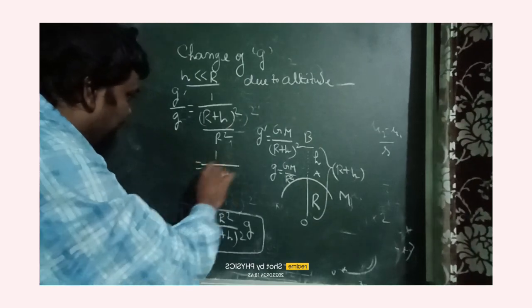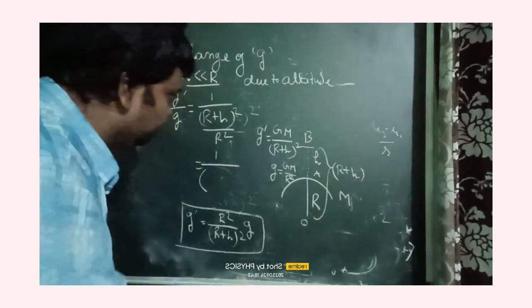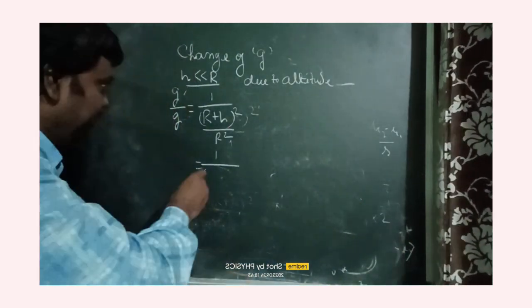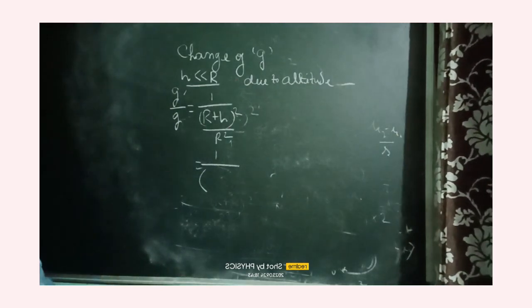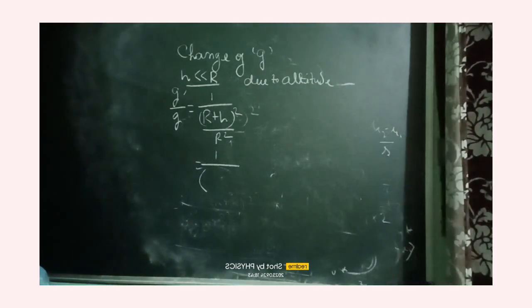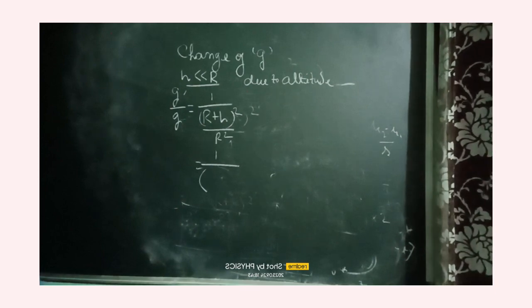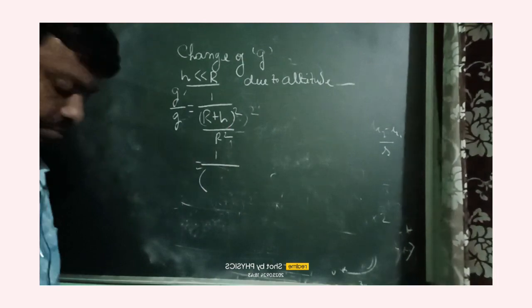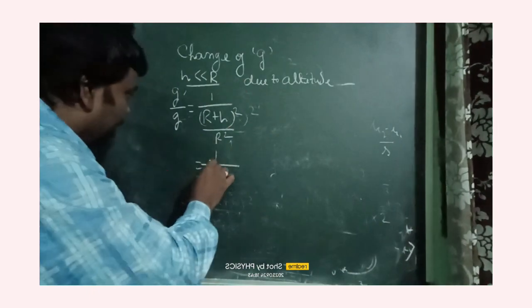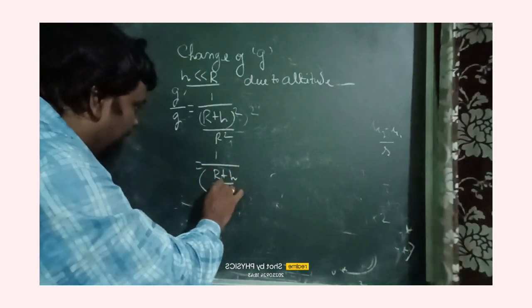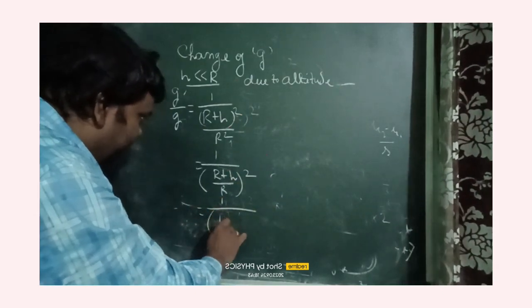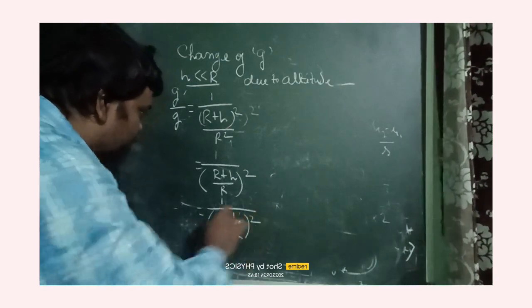That is equal to 1 by r plus h by r whole square, that is equal to 1 by 1 plus h by r whole square.